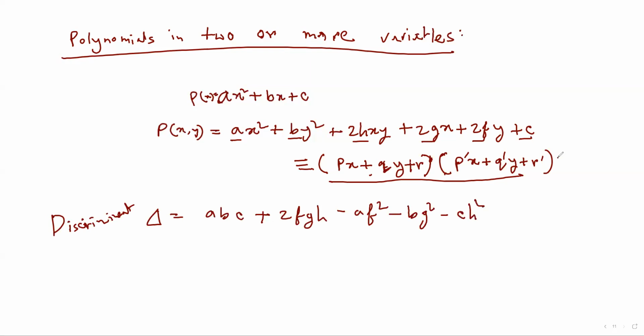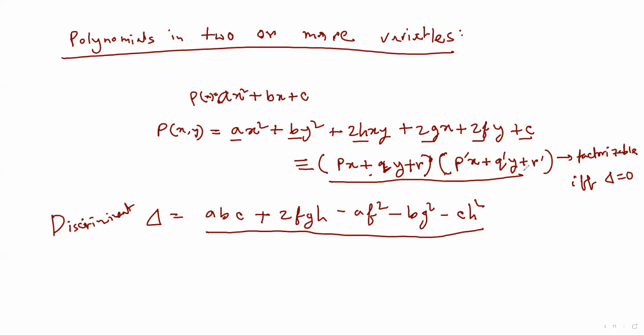And this is factorizable if and only if delta is 0. That is, this discriminant is equal to 0. If this discriminant is not equal to 0, you cannot factorize a quadratic polynomial in two variables into two linear terms.